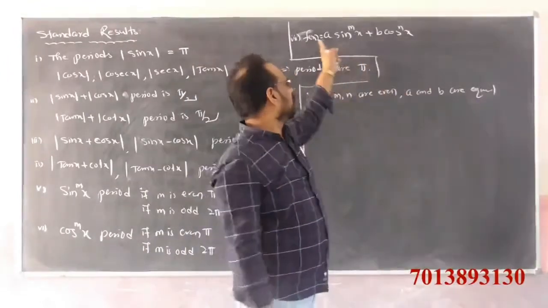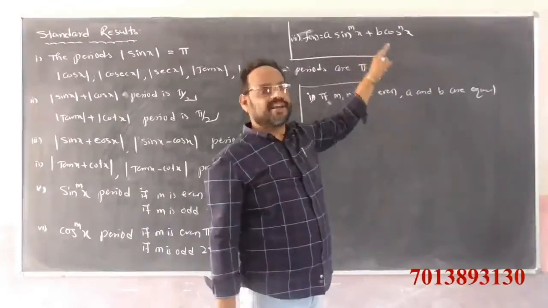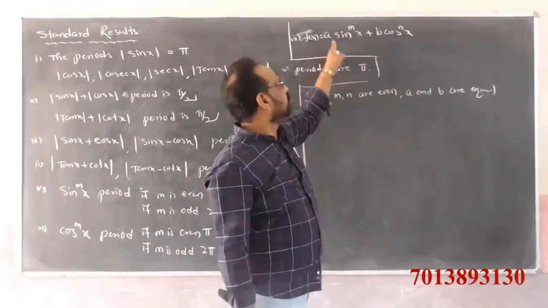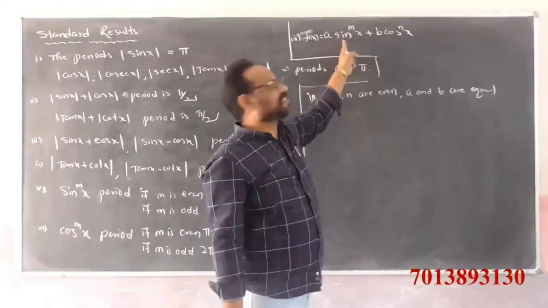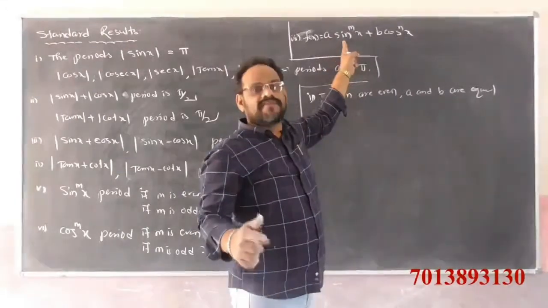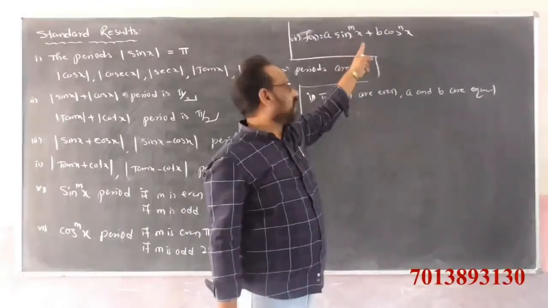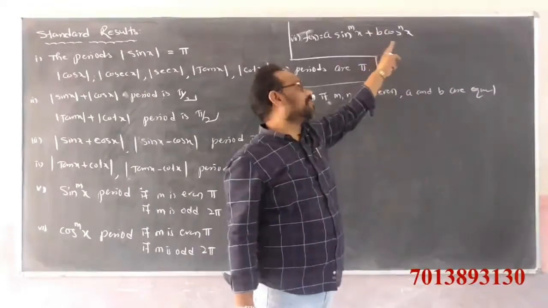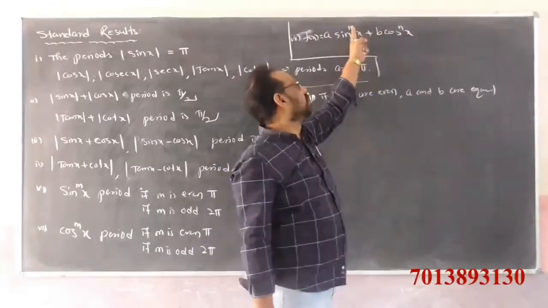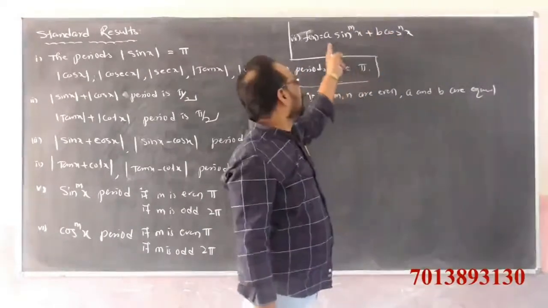A and b are equal, and m and n are even numbers. Observe here: a equals b means take a equals 5 times sin power 4x plus 5 times cos power 8x. Here 4 and 8 are both even, and a is equal to b.